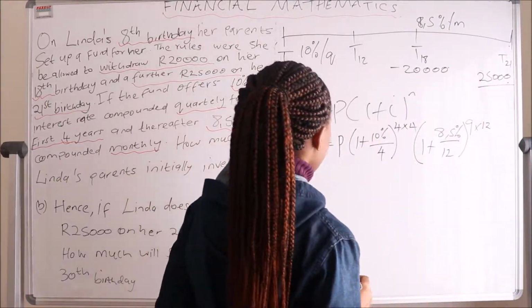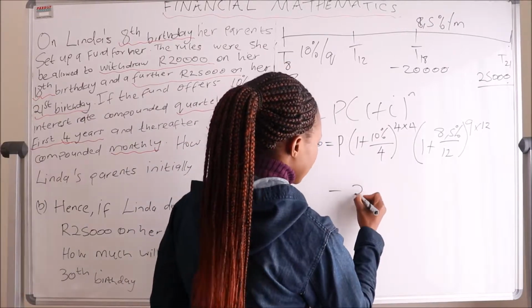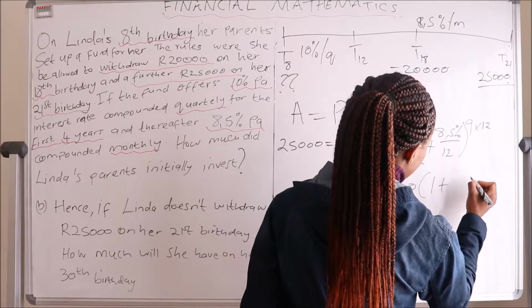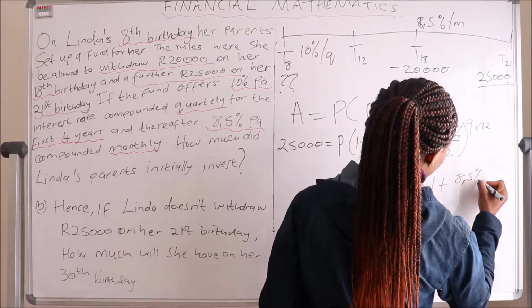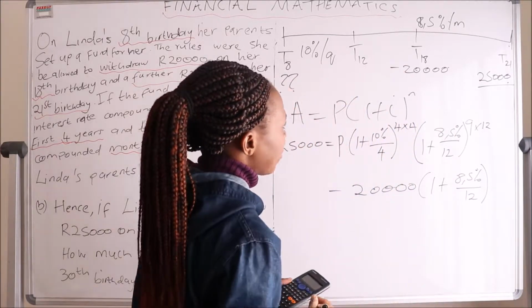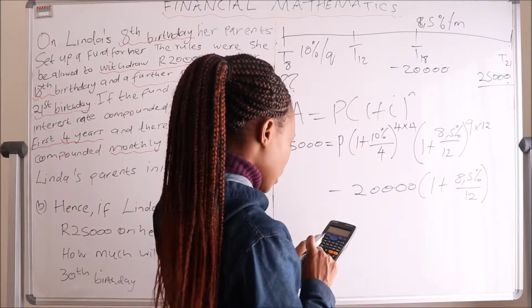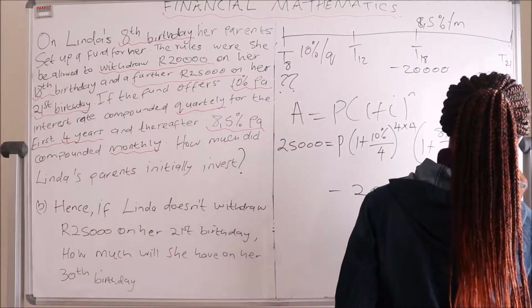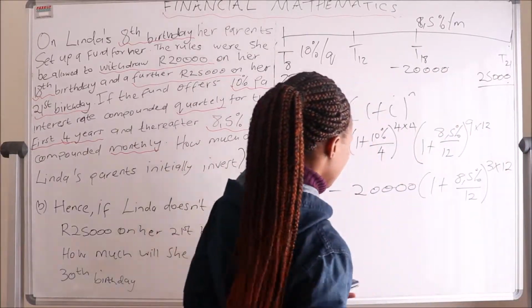Then to consider the withdrawal, we'll have to withdraw this 20,000, with the interest rate of 8.5% divided by 12 as well. But this only happened for, it was on her 18th birthday, so from 21 years to 18, it only happened for 3 years. So here it will be 3 multiplied by 12.